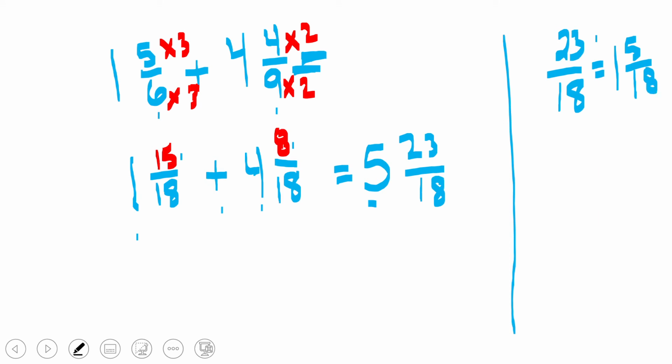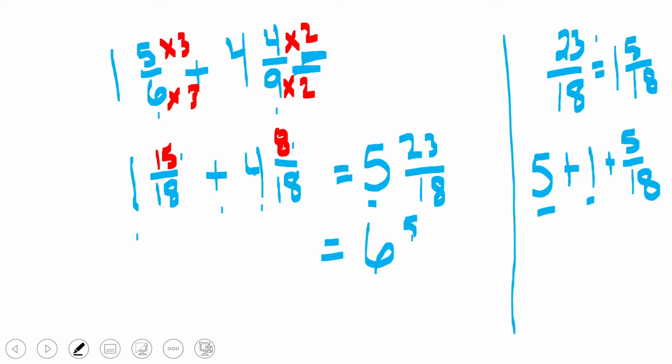So that would be like 5 plus 1 plus 5/18. So we consider this in our final answer, and we would have this equal to 6 5/18.